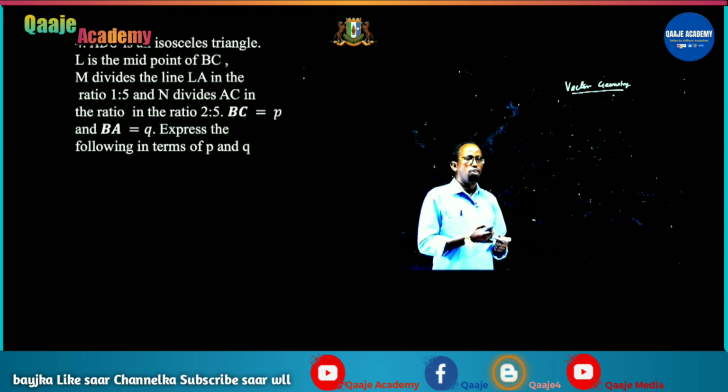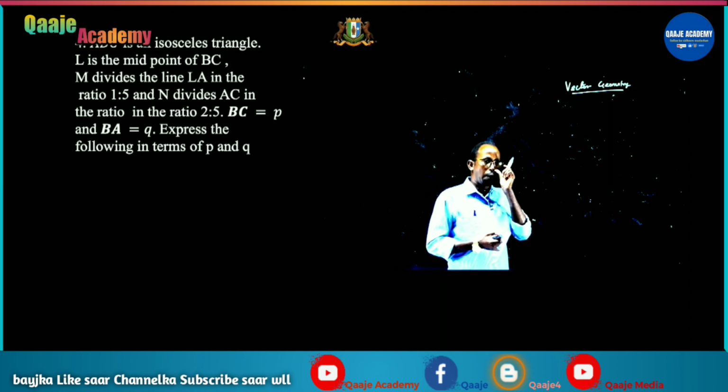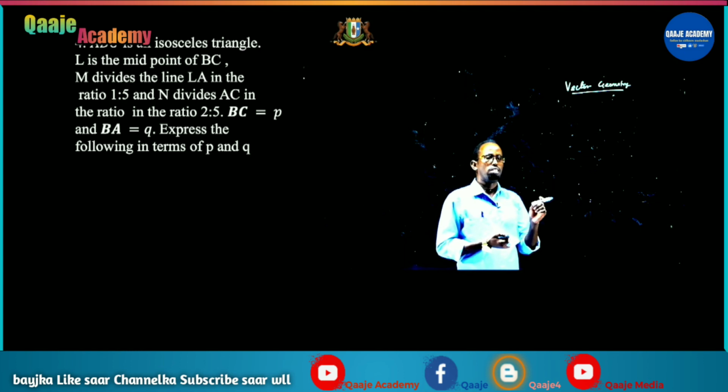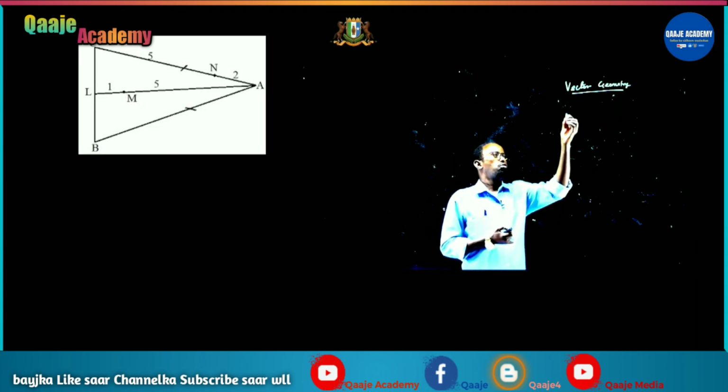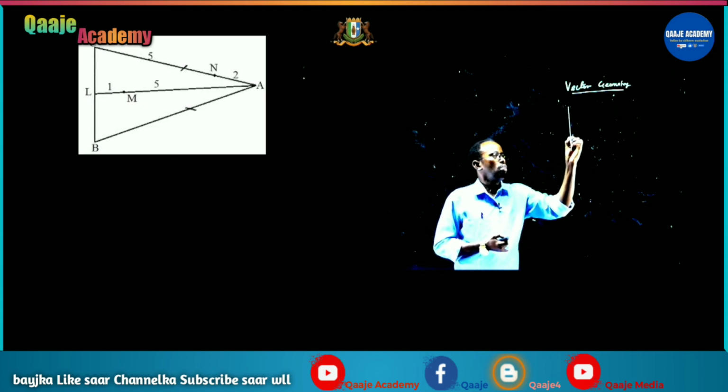Now example number 4 is the line, a triangle ABC is an isosceles triangle, L is the midpoint of BC, M divides the line LA in the ratio 1 to 5, and BC is B, BA is Q. Express the following in terms of B and Q. Now first of all, let me draw the isosceles triangle.